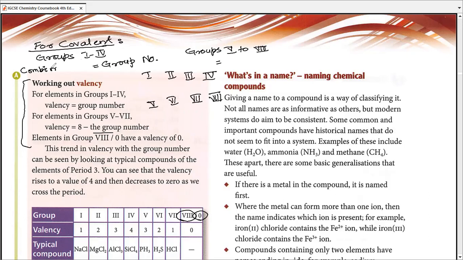We mostly use the word combining power, that is equal to the group number, but we change it a little bit. Let me just change it a little bit.